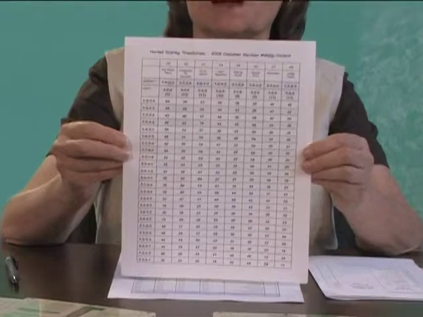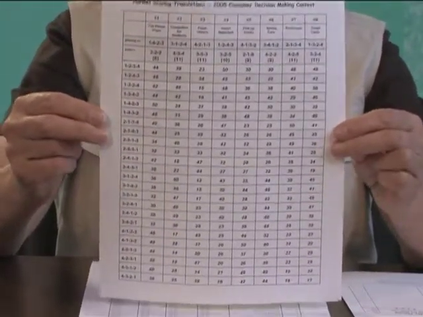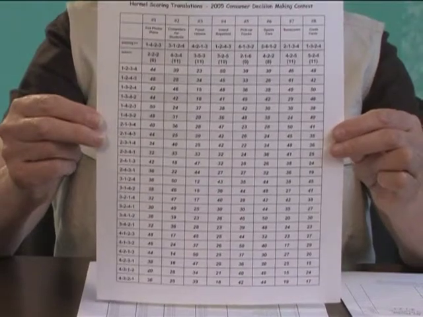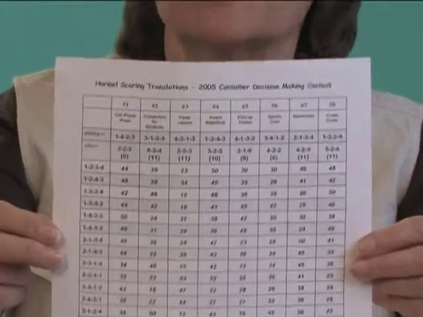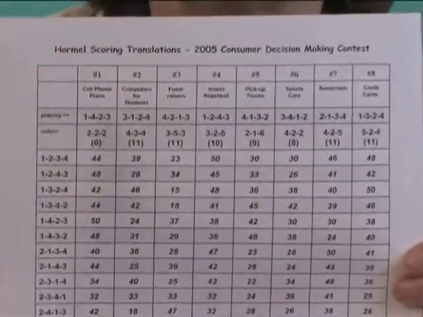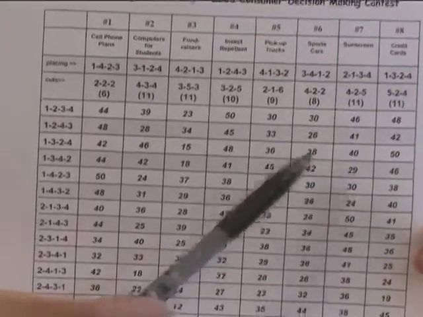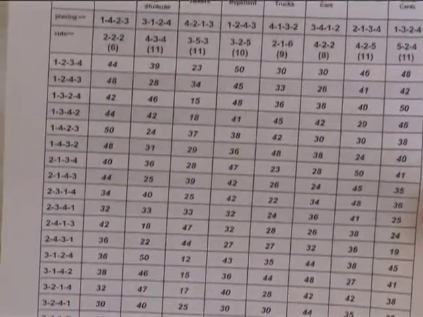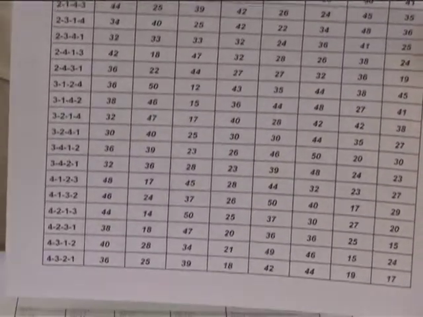And here's an example from the Consumer Decision Making Contest from a few years back. You'll see all 8 classes across the top, and then you will see what the correct placing was and what the cuts were determined to be for each of those. All of the numbers that are filled in the cells here correspond to that red column from the Hormel scale.